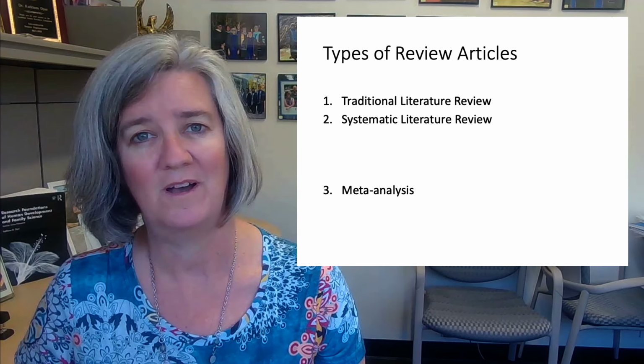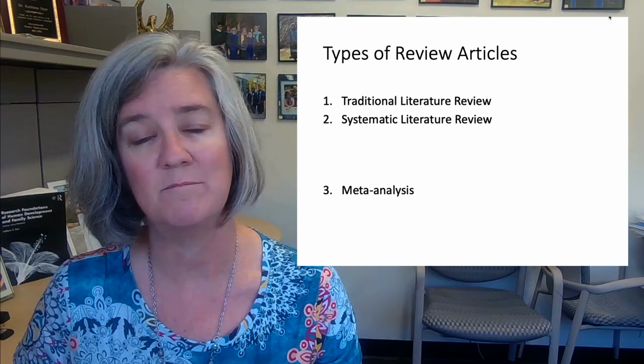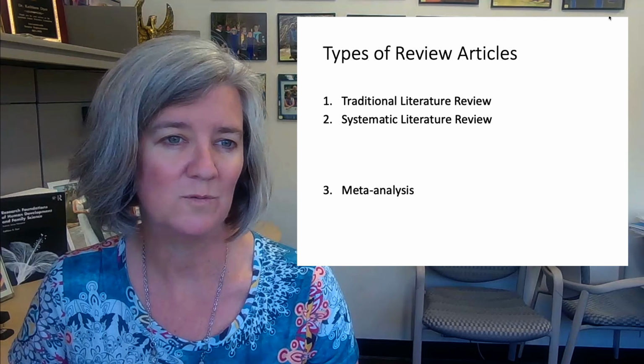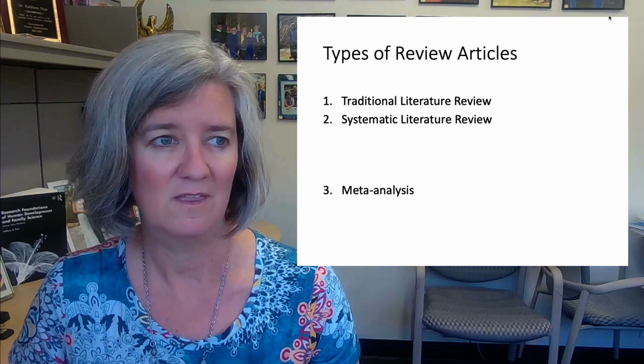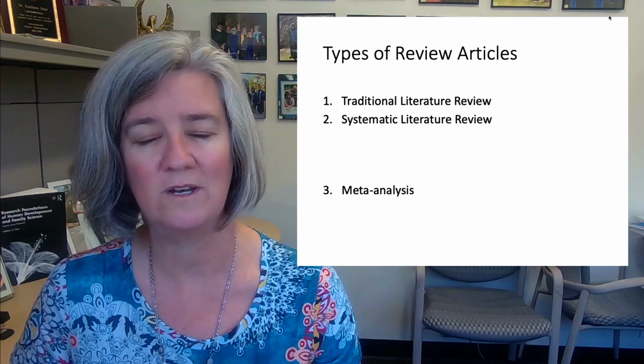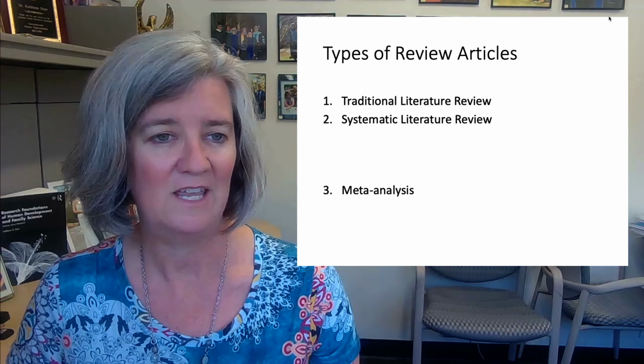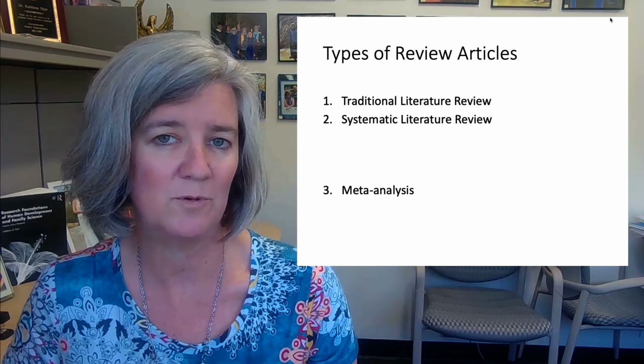Another form of literature review is the systematic literature review. It overcomes one of the major problems with traditional literature reviews, that problem being the reader doesn't necessarily know or can't necessarily tell if the author is a true expert in the field.